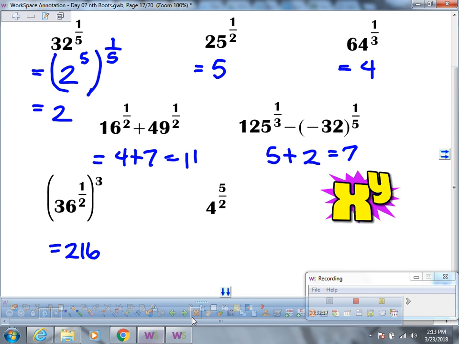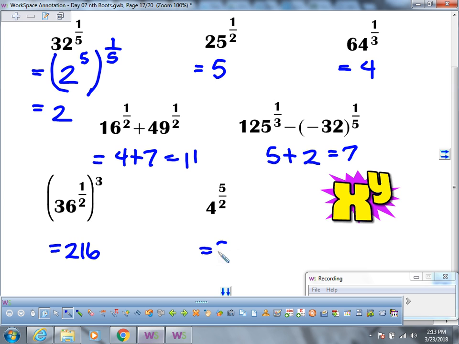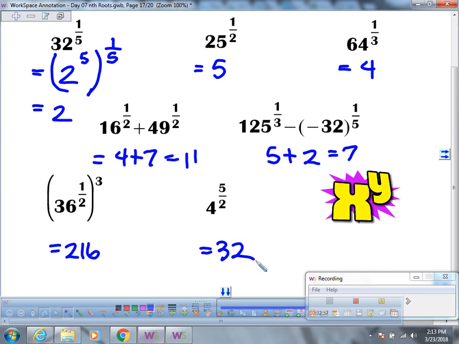I can't tell. You have too many answers. You just did a constant. Box answers. Okay, so the square root of 4 is 2, 2 to the 5th is 32. Right? You got it?